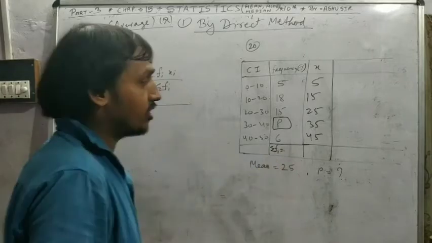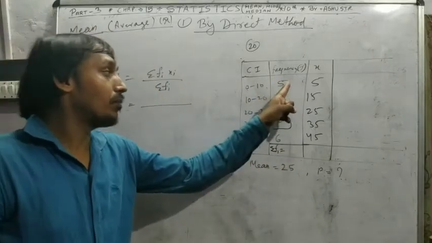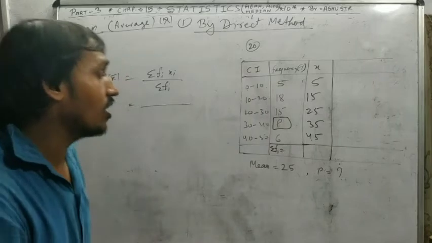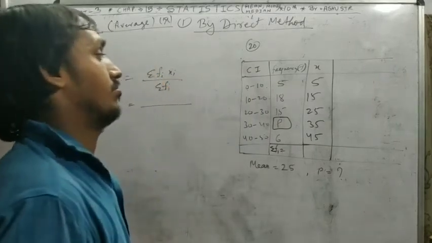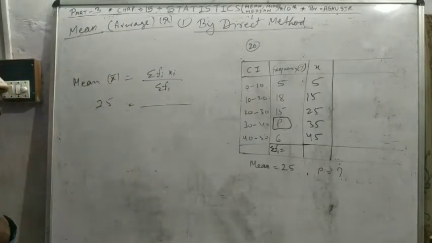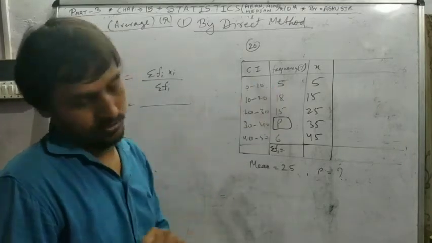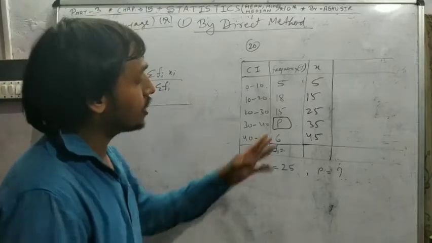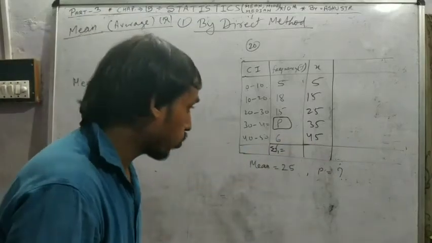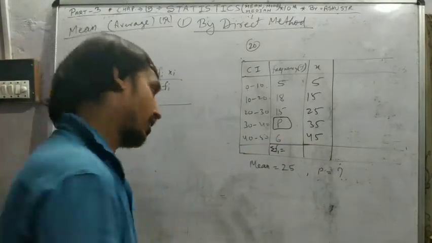Add: 5 plus 18 is 23, plus 15 is 38, plus P, plus 4, 44.